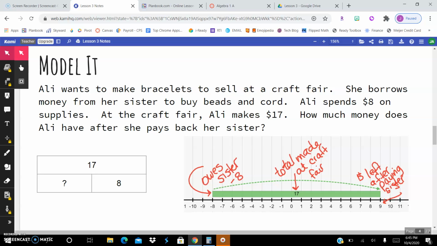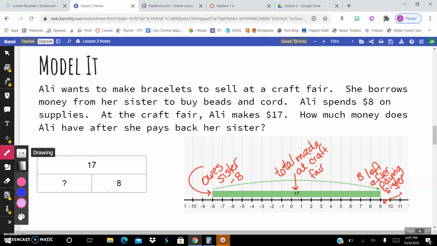The total that she made is 17, so that larger rectangle is 17, and that is split up between 2 different numbers. So the 8 is how much she spent. So that 8 is really considered a -8 because she owes that to her sister.